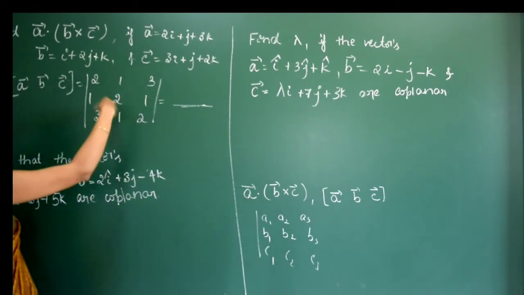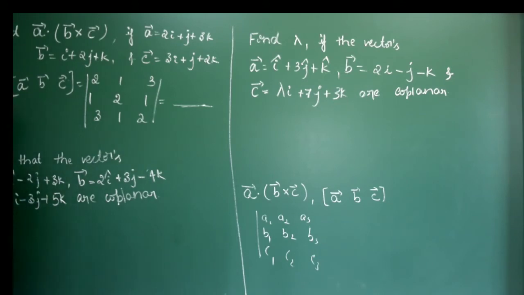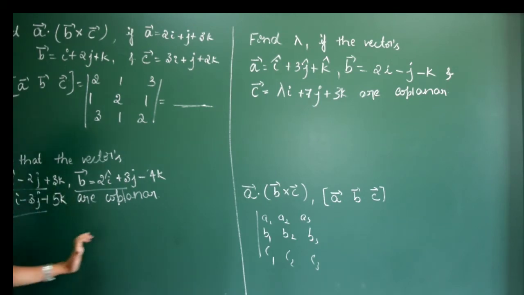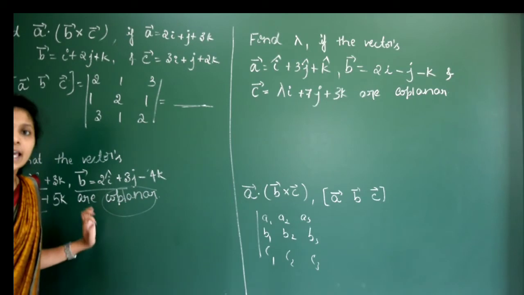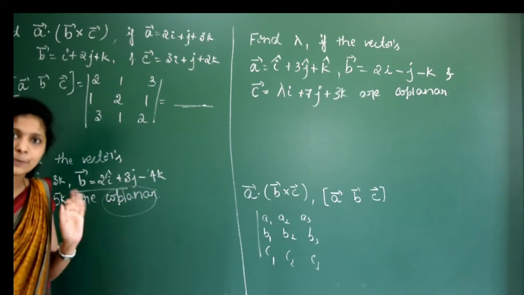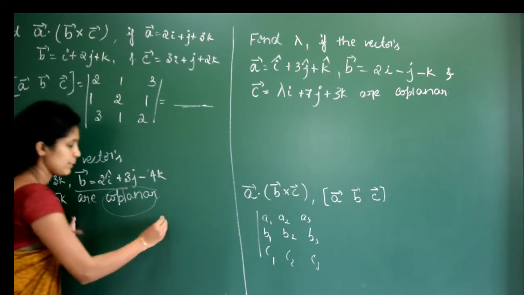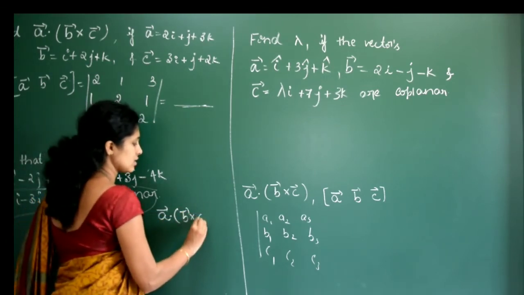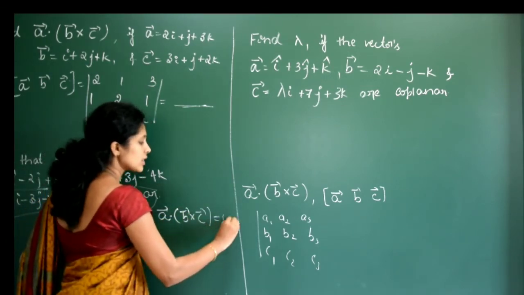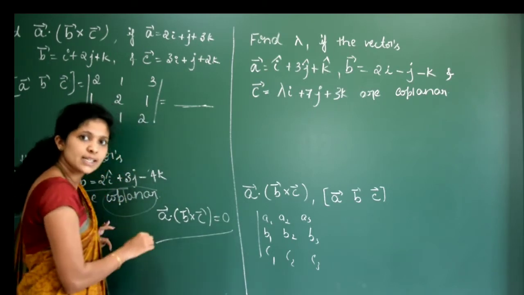Now we'll see the second question. Show that the vectors A vector, B vector and C vector are coplanar. What you have to prove? Three vectors are coplanar if their scalar triple product is equal to 0. I mean if A vector dot B vector cross C vector is equal to 0, then we can say that those vectors are coplanar.